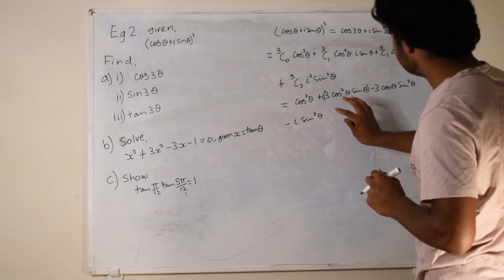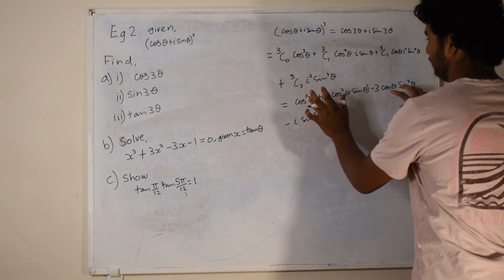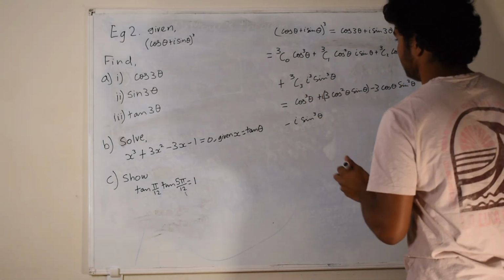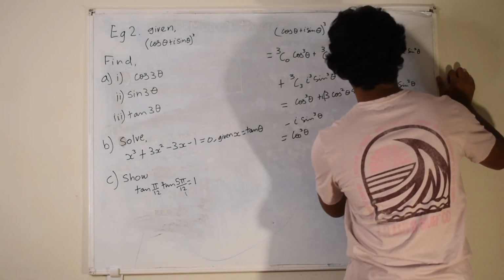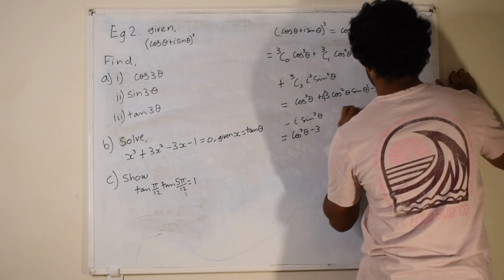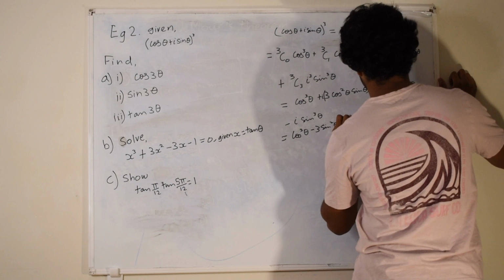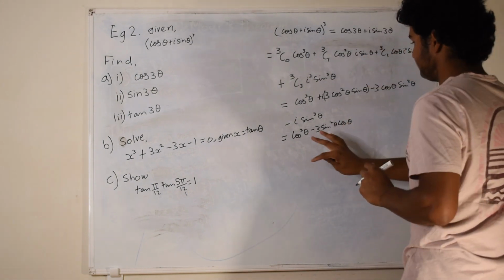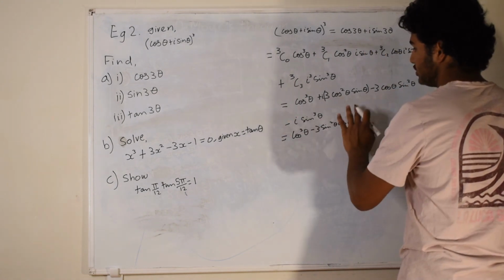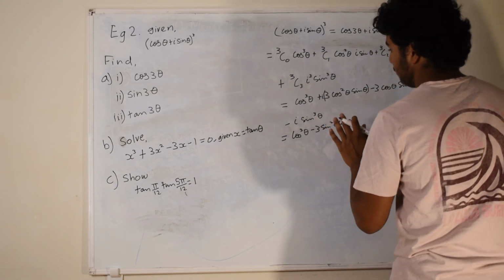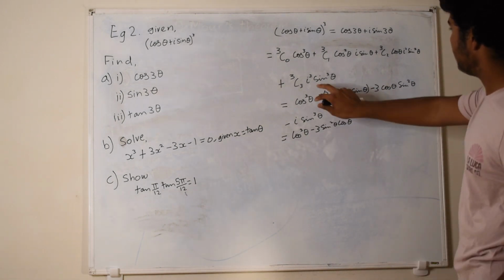So if we tidy this up again, we can bring out the real parts and the imaginary parts together. The real part becomes cos cubed theta minus 3 sin squared theta cos theta. And then we get the imaginary part. Did I make a mistake in i cubed?